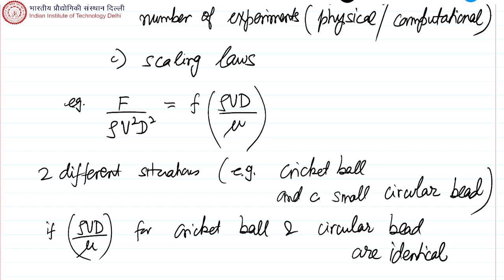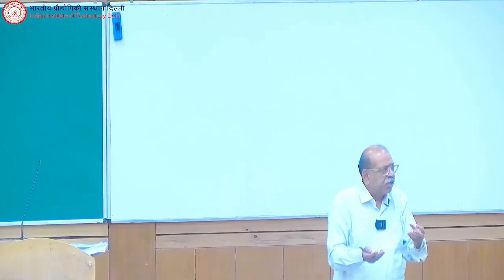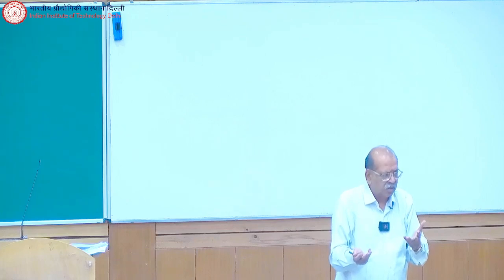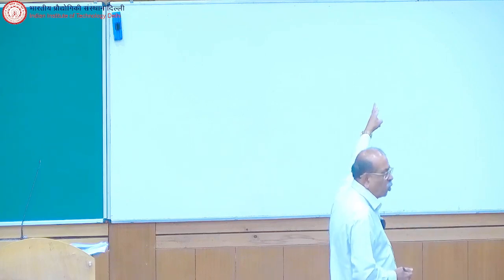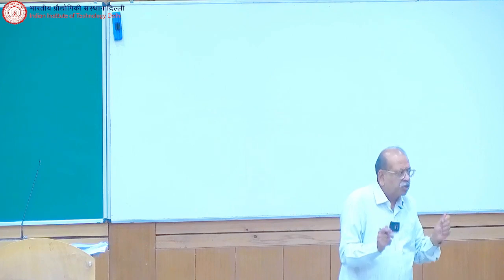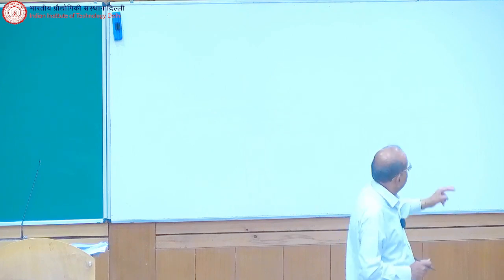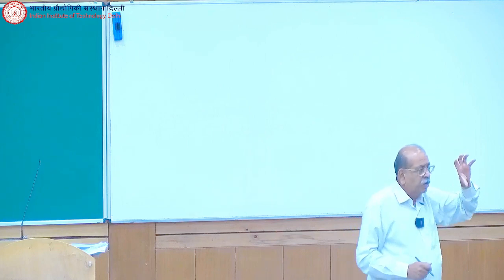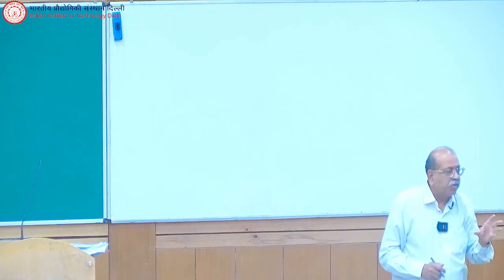I know its situation. I know this circular bead is falling, is traveling in some fluid whose density is known, whose velocity is known. So that means I can find rho Vd upon mu for the circular bead. So I equate that for rho Vd upon mu for the cricket ball.